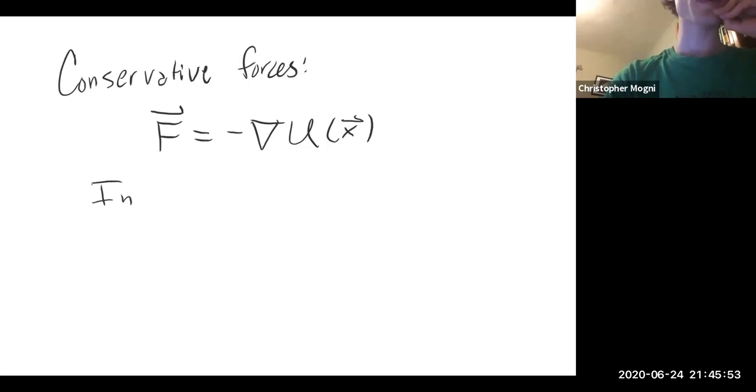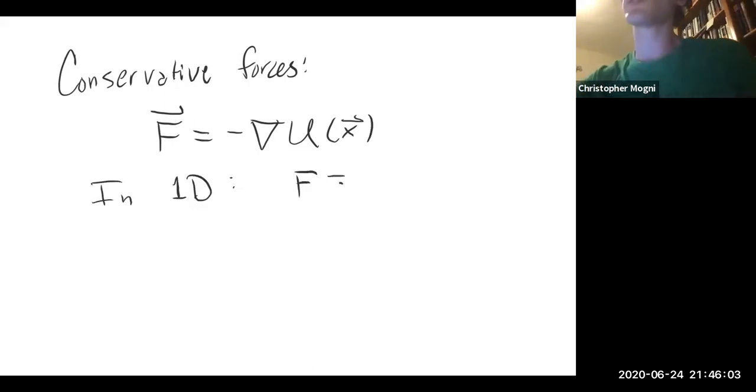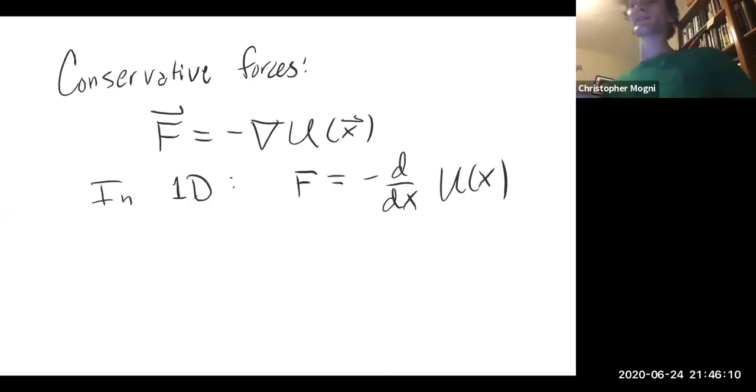This problem is simpler because it's in 1D, and so let's relate this to the one-dimensional version, which is just you have a force, which isn't a vector in this case, and this is just equal to negative d/dx of U of x. And here, x is just a scalar coordinate, a single coordinate.